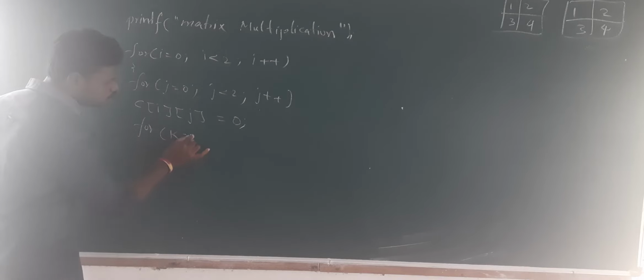Why I am making this? In order to make you people understand that I am initializing the values with a 0. Okay, now I go for one more for loop, that is for k equals to 0, k less than 2 and k plus plus.